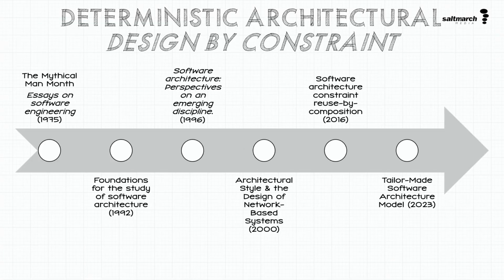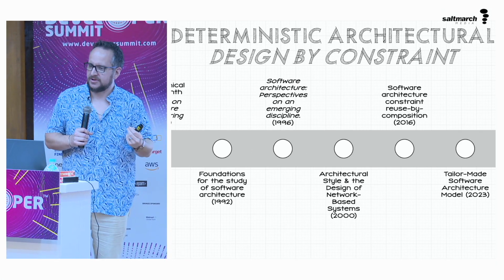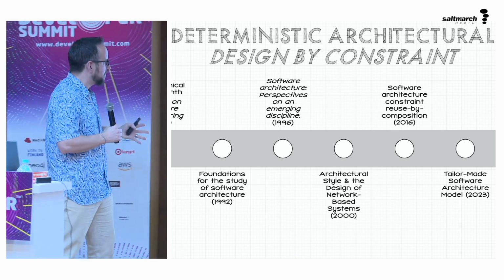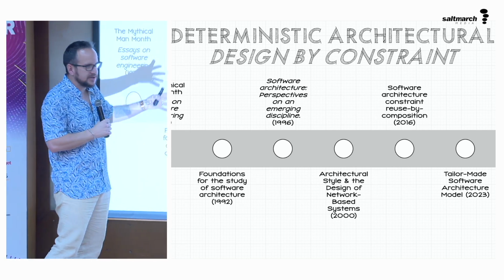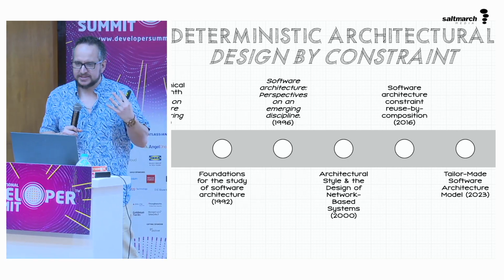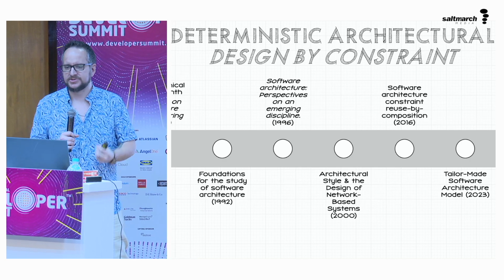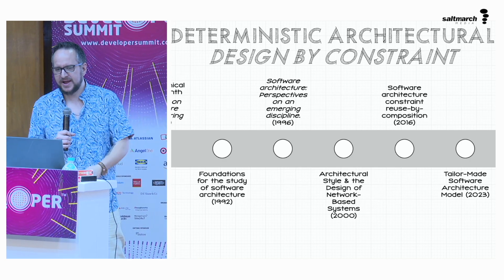People are still exploring this idea: software architecture constraint reuse by composition. And in 2023 is when the first version of the tailor-made software architecture model was published that keeps building on these ideas. It's not new. Connecting constraints to the capabilities has been shown again and again over the last 30 plus years to work both in theory and in practice.